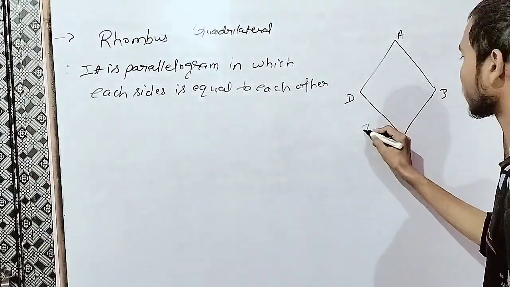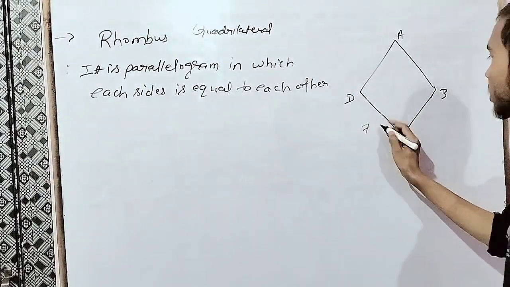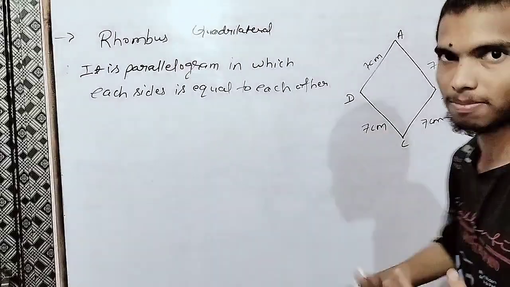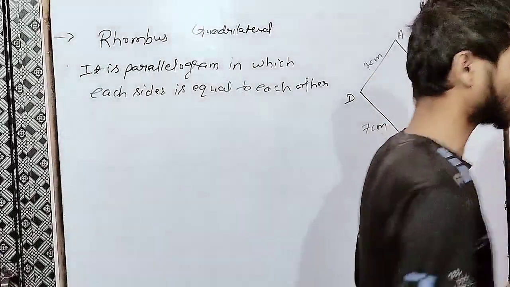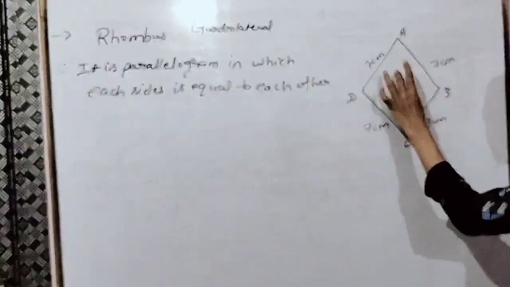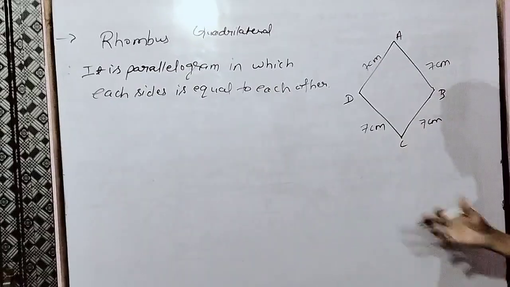For example, this is 7 centimeters, this is 7 centimeters, so this will be the same 7 centimeters, and this will again be 7 centimeters. This is the difference between a rhombus and a parallelogram. This is already a parallelogram, we have two pairs of parallel sides.